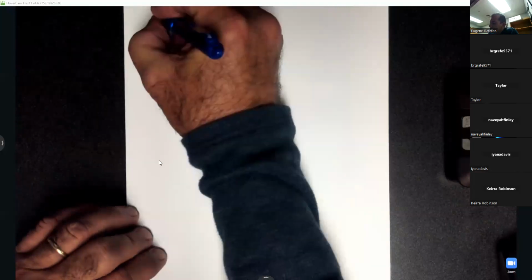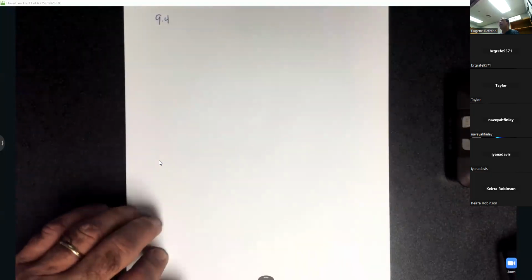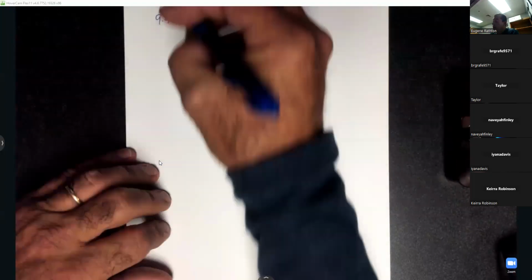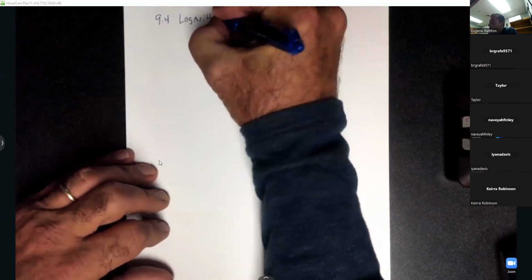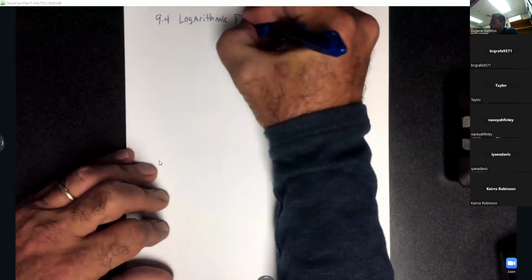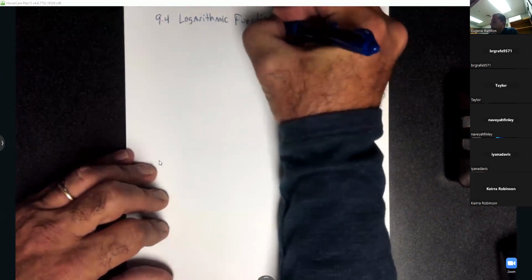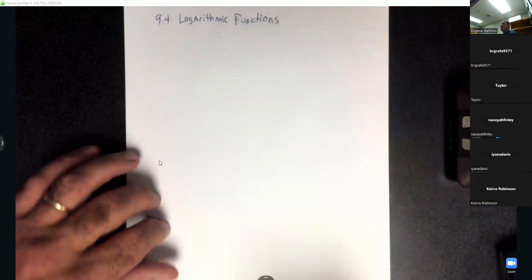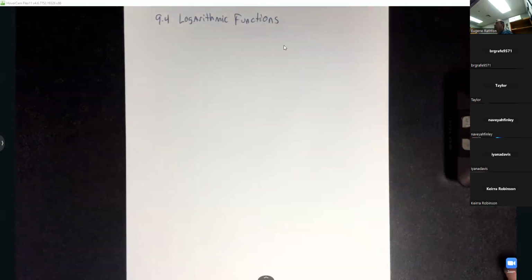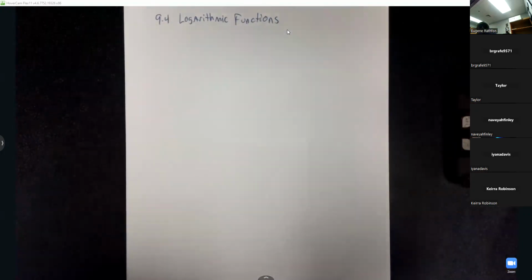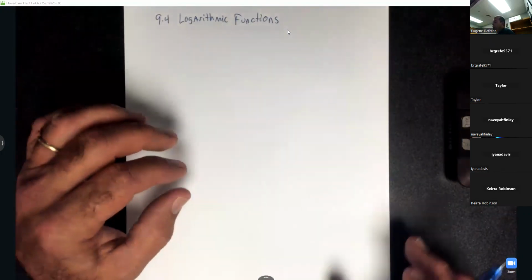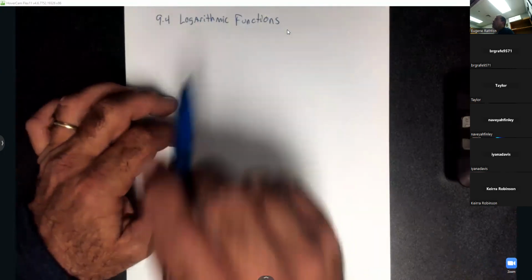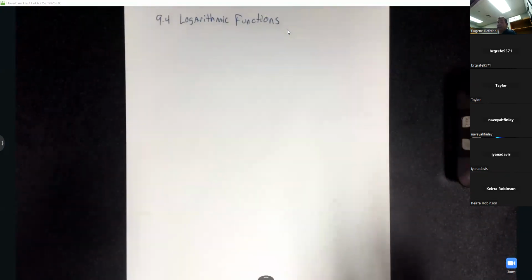Oh, y'all, so like I said, this is 9.4, and it deals with logarithmic functions. And y'all, I'll tell you, in the long run, logarithms find exponents.